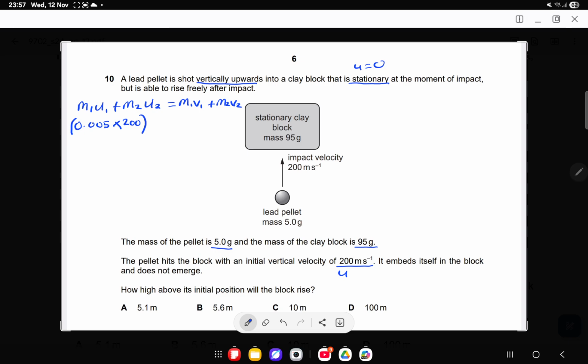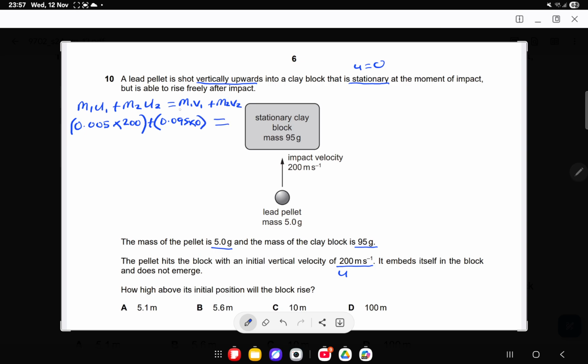But the initial momentum of the clay block will be 0 since it was stationary. So, but anyway, if I complete that, it will be plus my mass 0.095 times 0, which will give me 0.